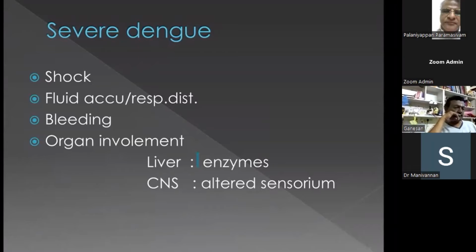Significant quantity of fluid will accumulate in both pleural spaces. Rarely it can present with bleeding, either minor or major. Sometimes, very rarely, organ involvement will be there in the form of hepatitis, which will present with elevated enzymes. Sometimes, rarely, they can have altered sensorium. I haven't seen a child with CNS involvement yet.